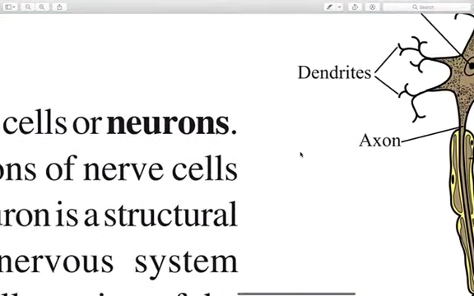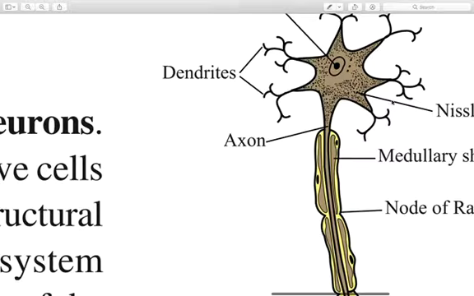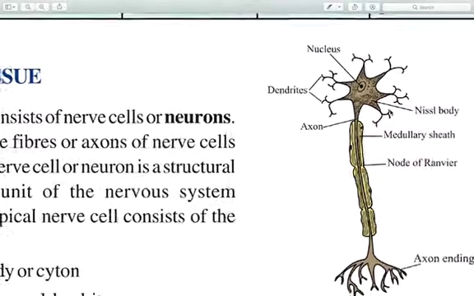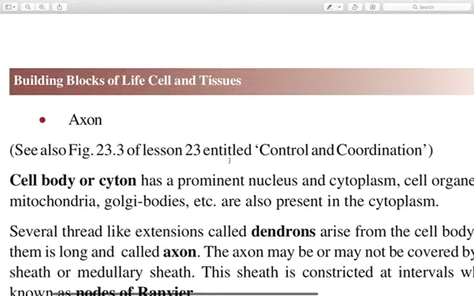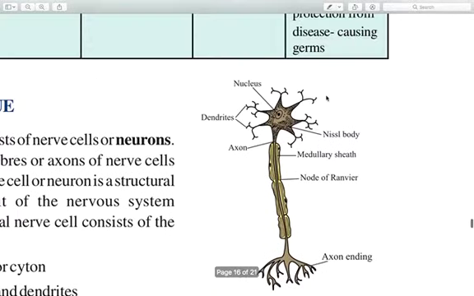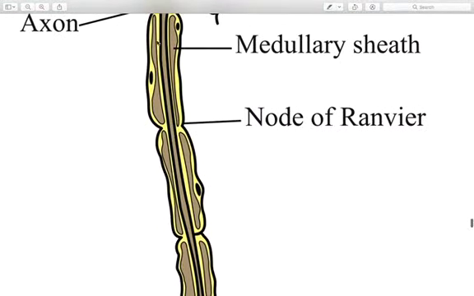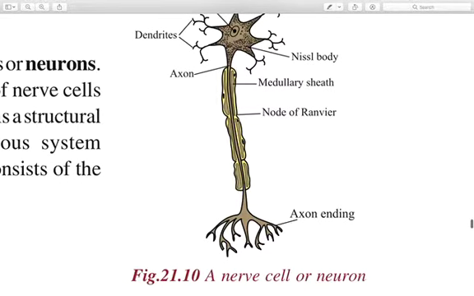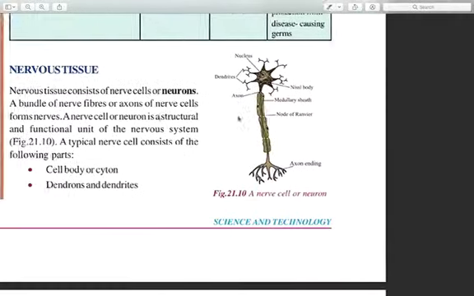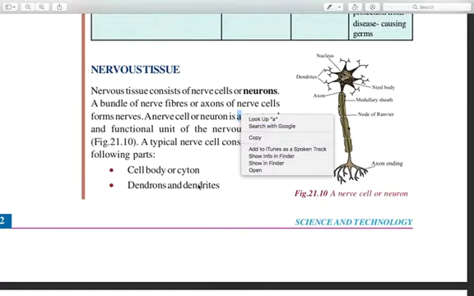Here you see small branches, and this is what are called dendrites, and you have finally the axon. This is the axon here, in between. This is the medullary sheath that covers this axon, and we will see about this later.